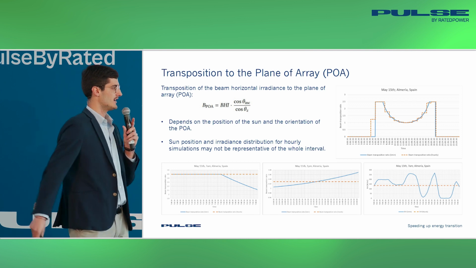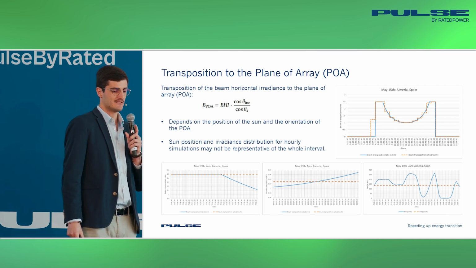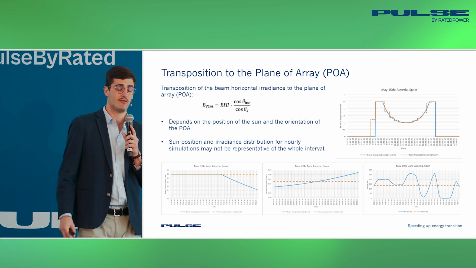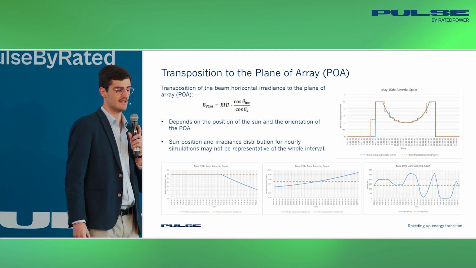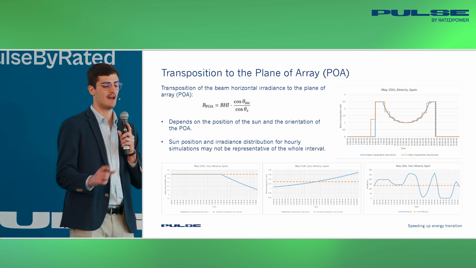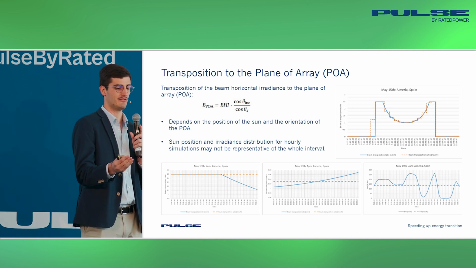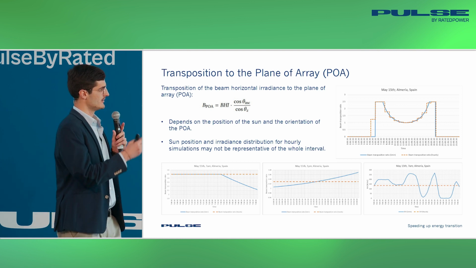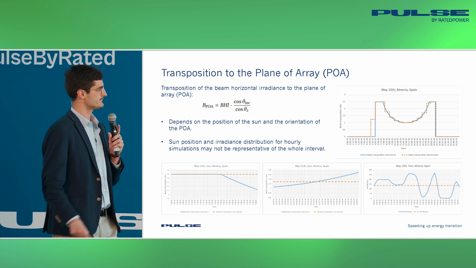In the last graph, I represented the fluctuations of the irradiance that we can have for one specific hour. This one is for 7 a.m., and the first 30 minutes had irradiances above the average, but then they go lower.